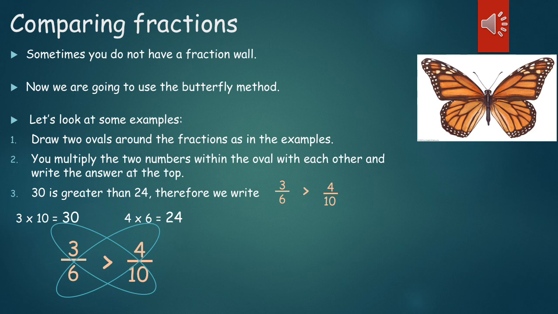You multiply the two numbers within the oval with each other and write the answer at the top. 30 is greater than 24. Therefore, we write 3/6 is bigger than 4/10. So it's 3 times 10 equals 30. 4 times 6 equals 24.